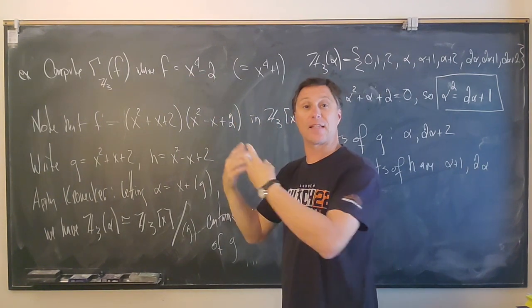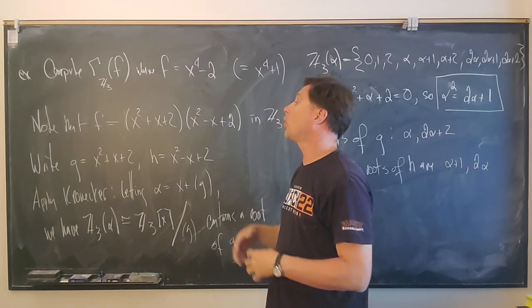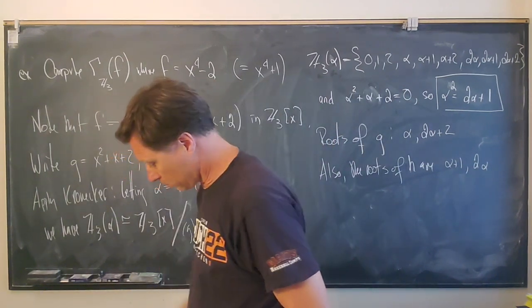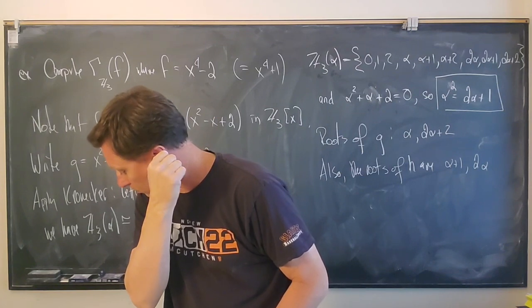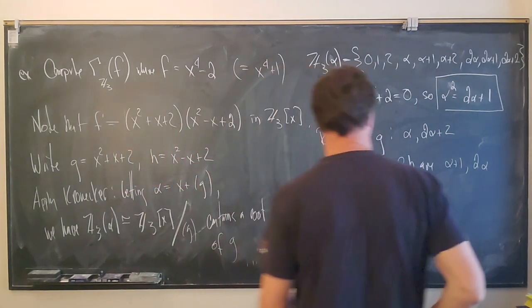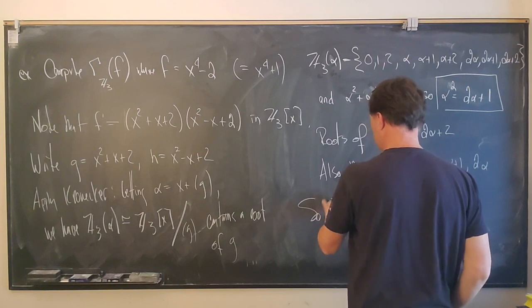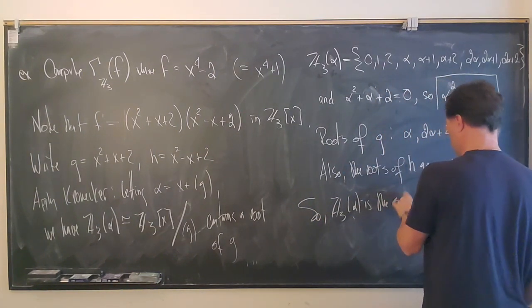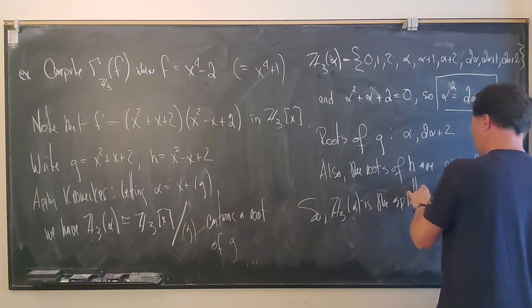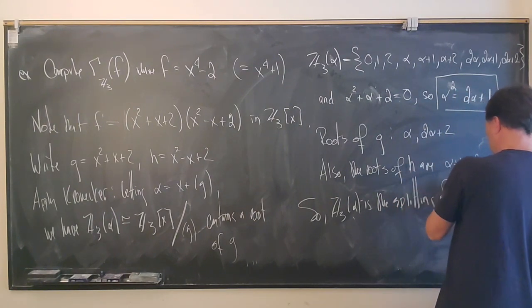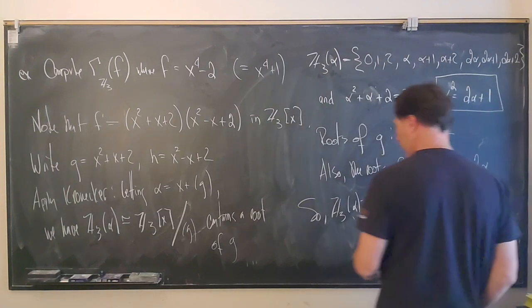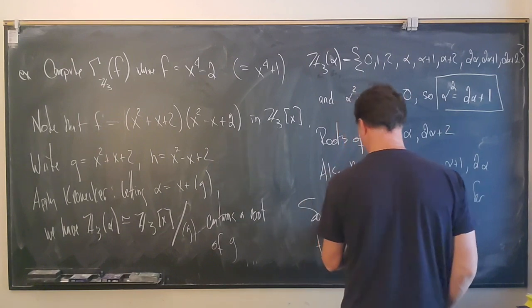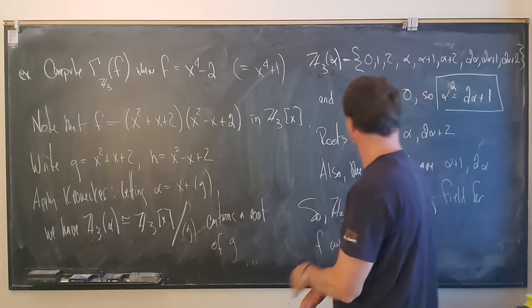By just adding that single root right there, we got all the roots of F. So Z3 adjoint alpha is the splitting field for F over Z3.